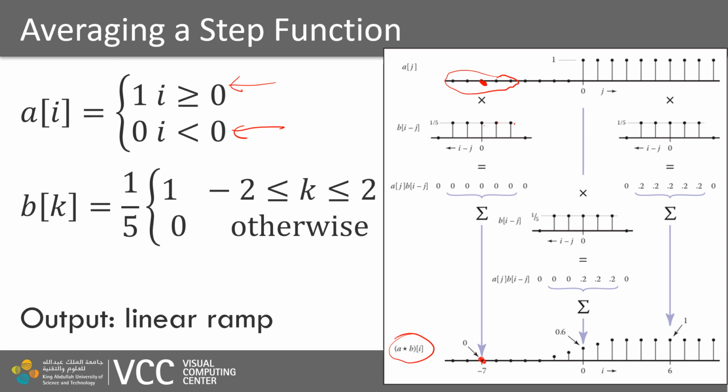Let's have a look at another obvious example, which will be when I is equal to 6. So what is our result of the convolution at the position I equals 6? Well, let's have a look at the original signal, and we can see that this is the position 6, and our filter has radius 2, so all these values will be considered in the evaluation of the convolution.